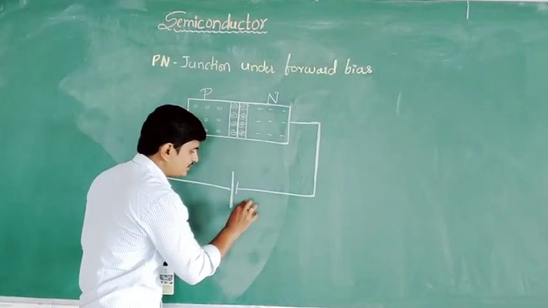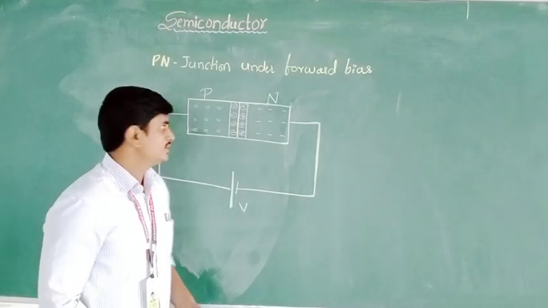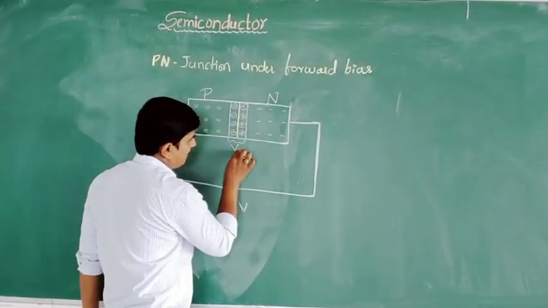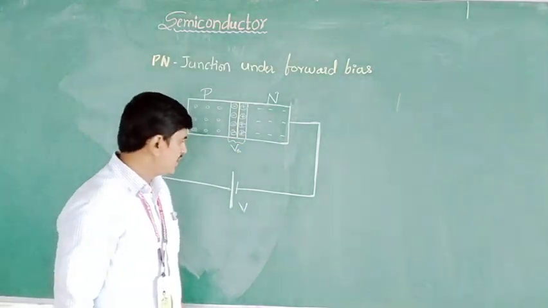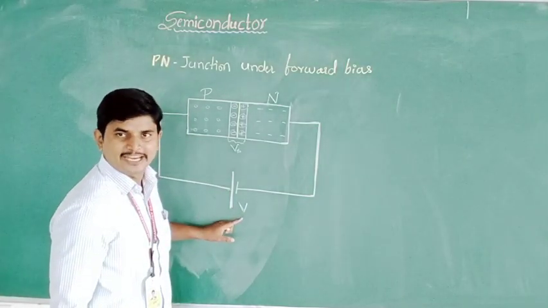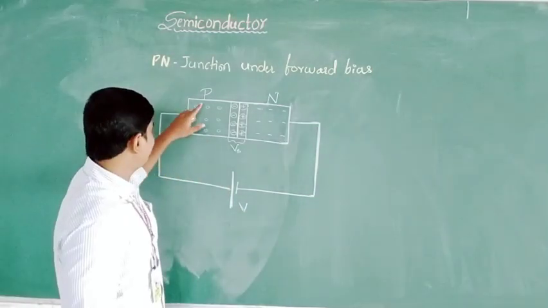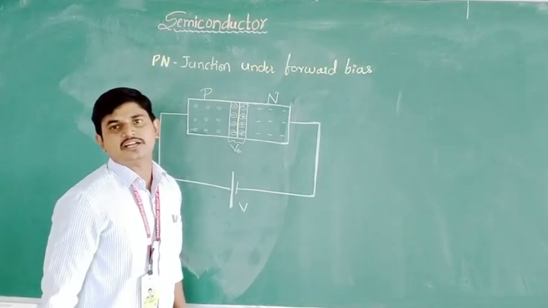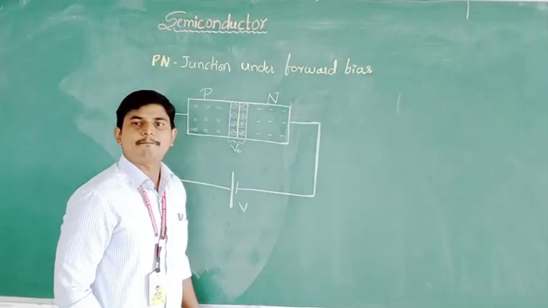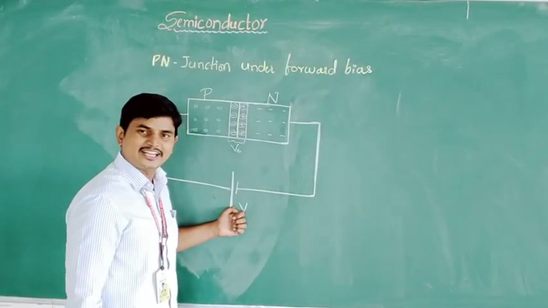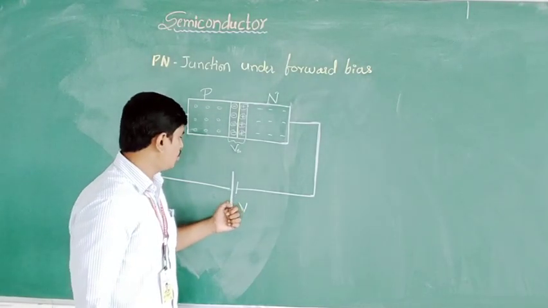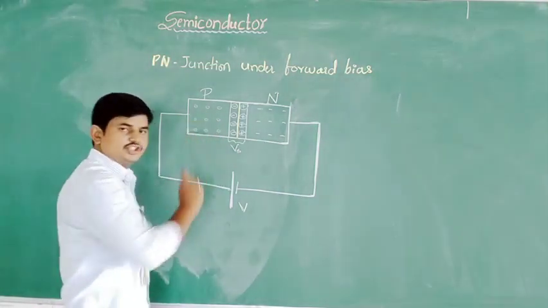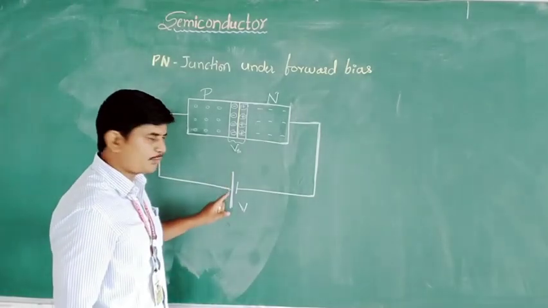See here, the voltage across this we can call the barrier potential, and this is the applied voltage V. Once the P-type is connected to the positive terminal and the N-type to the negative terminal, as the applied voltage increases, these are the positively charged holes, and this is the positive potential.